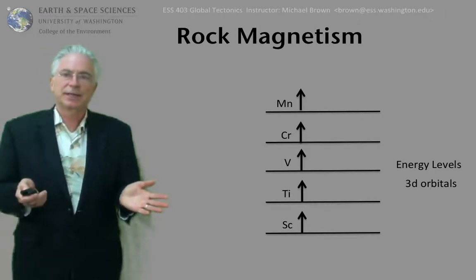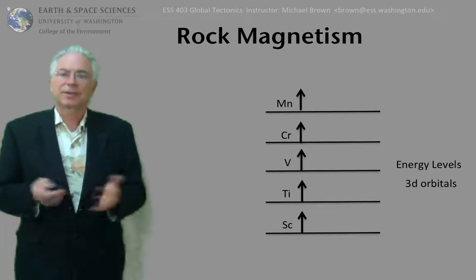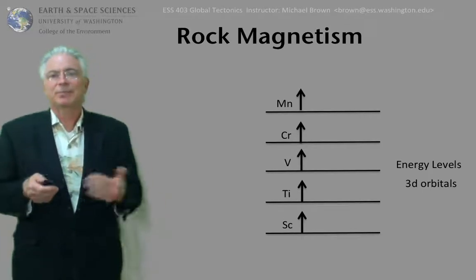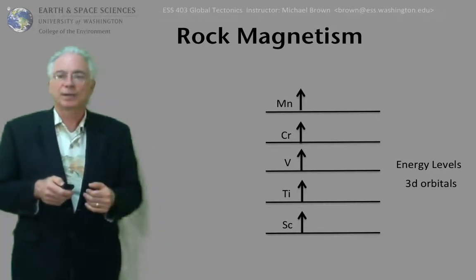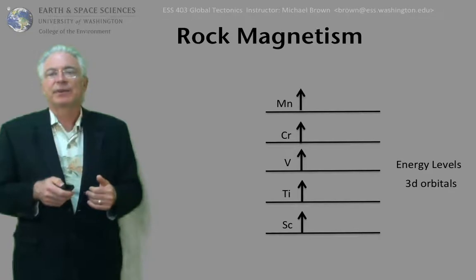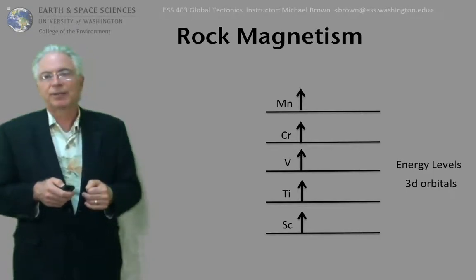So as you can see here, manganese has 5 unpaired electrons, and so it has a potential for a magnetic response with those all 5 spin orbitals pointing in the same direction.